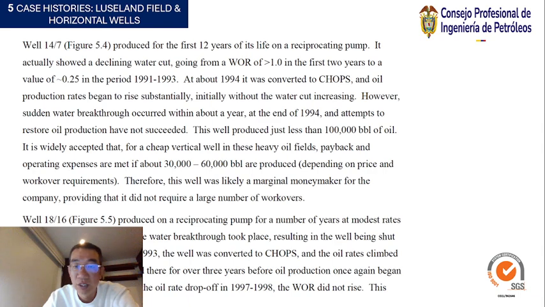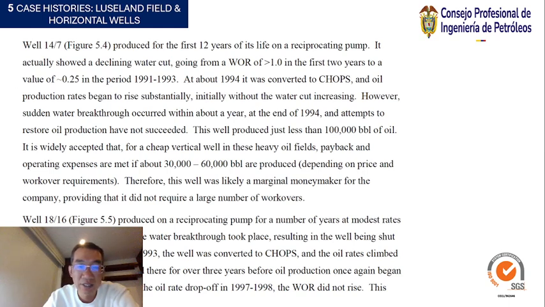Well 18-16, Figure 5.5, produced on a reciprocating pump for a number of years at modest rates that increased to 40 barrels per day before water breakthrough took place, resulting in the well being shut down for 3 years.